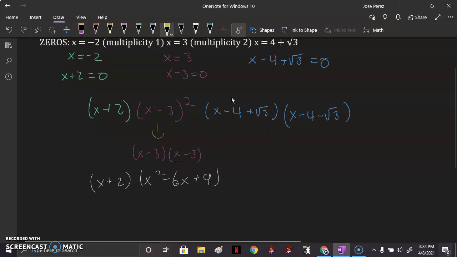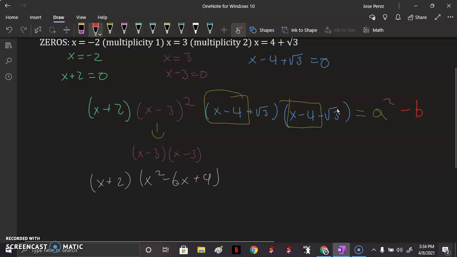Now, what is the rule of conjugates then, you might say? It's equal to a squared minus b. Now, what's the a squared portion? These are our a squared portions.